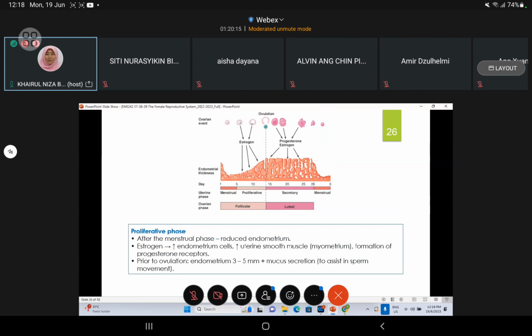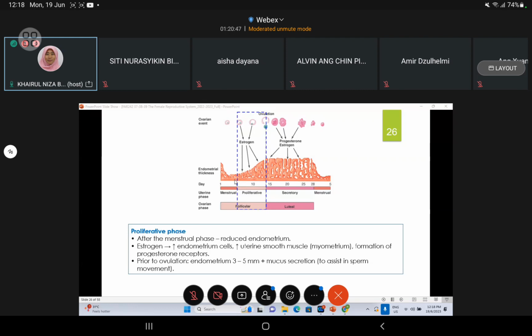So what happens in the proliferative phase? Prior to ovulation, a week before ovulation, we have the development of the dominant follicle, which starts to secrete a lot of estrogen.